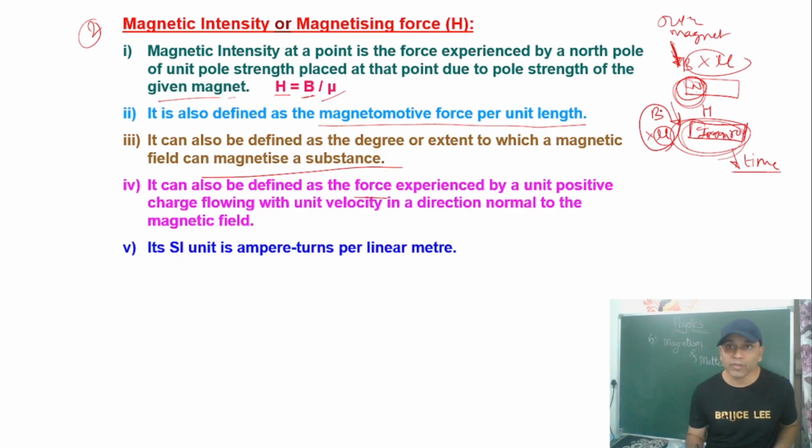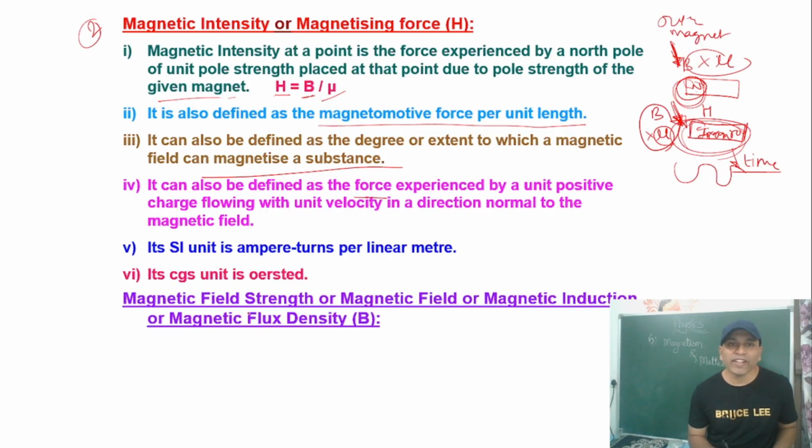Linear meter means straight, a straight magnetic field, not something curvy. Its CGS unit is Oersted, and the SI unit is ampere turns per linear meter.